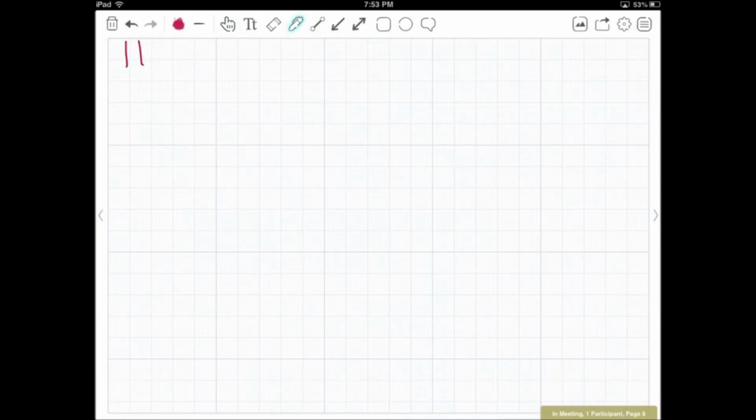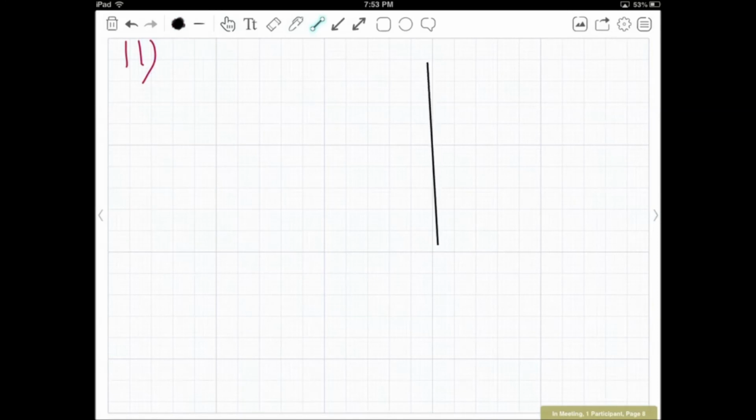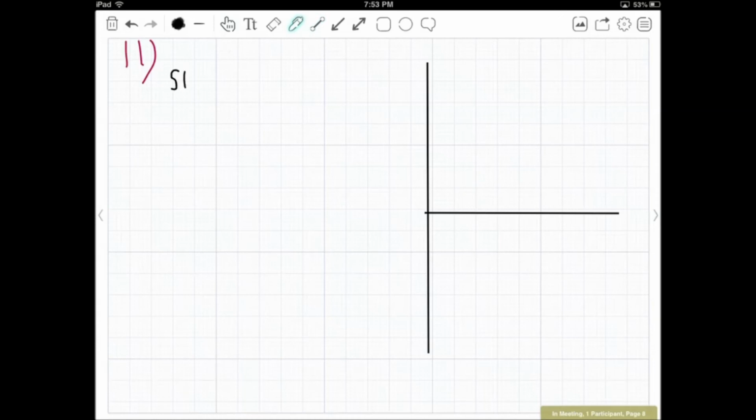Number 11. Draw a position time graph for a ball that speeds up in the negative direction. Right, this is a little tricky because we've been working the other way so far. So this speeds up in the negative direction. Right, and it's a position time graph.